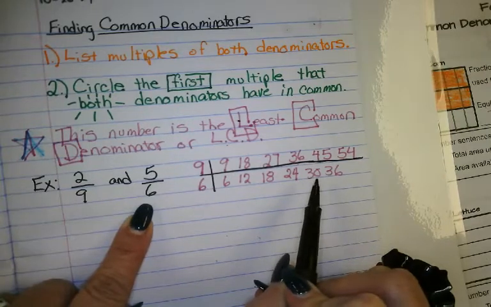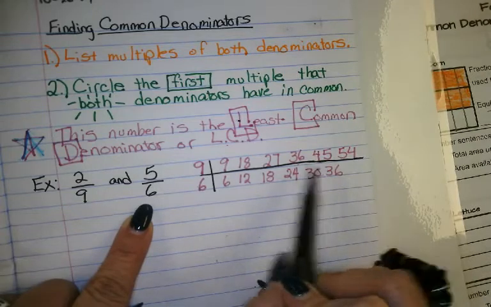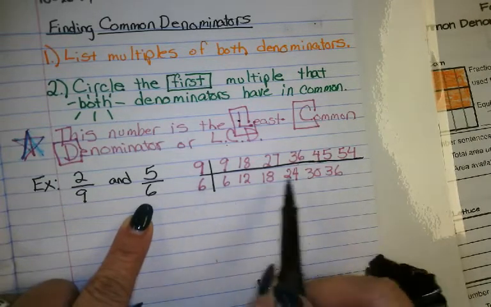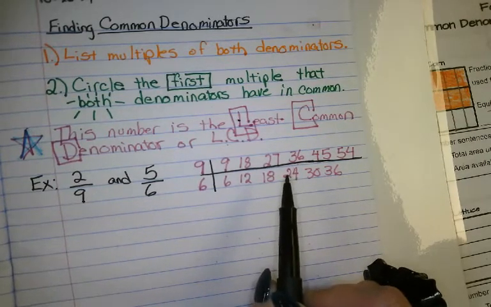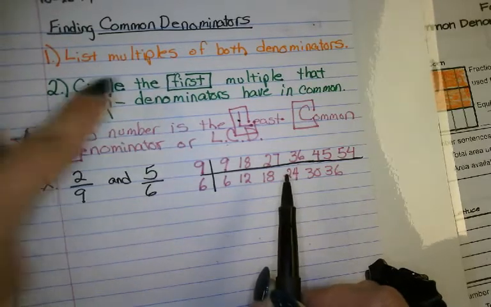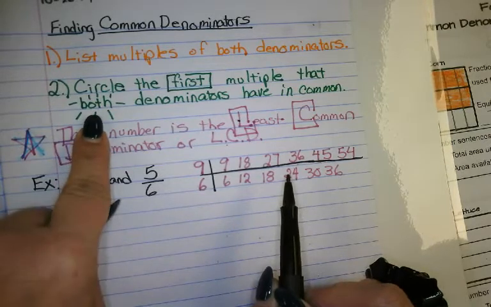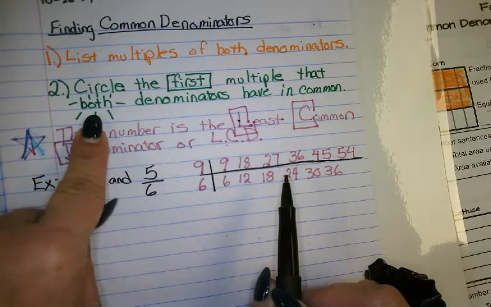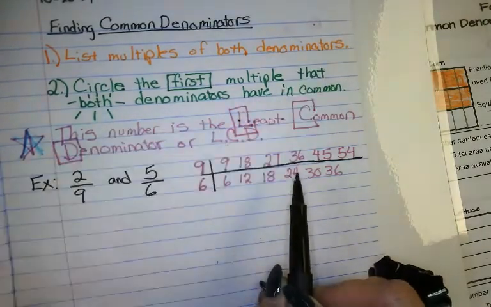Then what we're going to do, after we have all of the multiples listed for each denominator, is identify the very first one they have in common by circling it. So circle the first multiple that both, notice I said both, I put a little brightness on both, emphasis on both, denominators have in common.